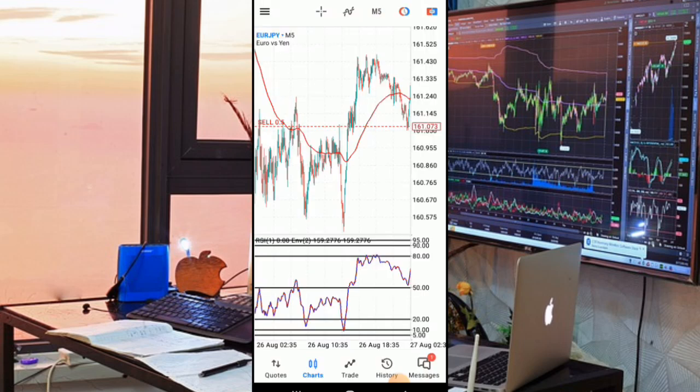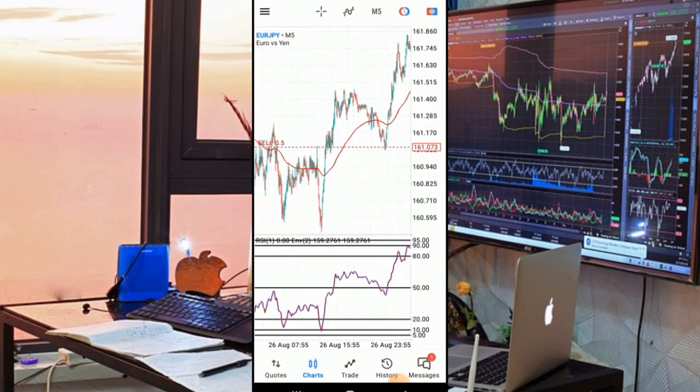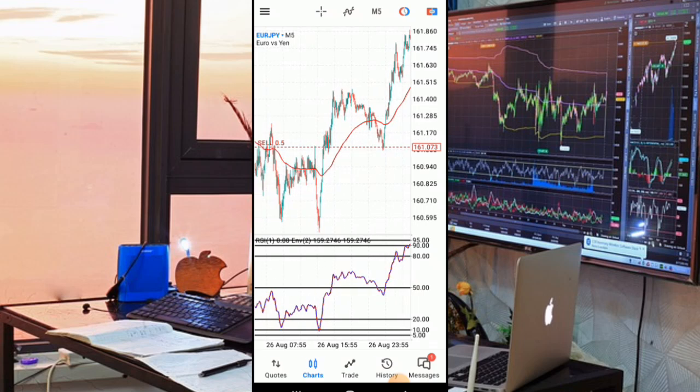So my dear friends, this is what we're going to do today. What I want to show you is how we place entries on this. So as usual, we wait for price to touch either the 10 line level or the 90 line level. For instance, at this point, price touched the 10 line level over there.